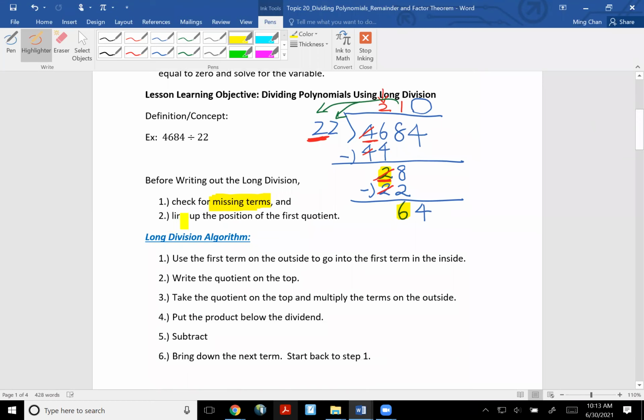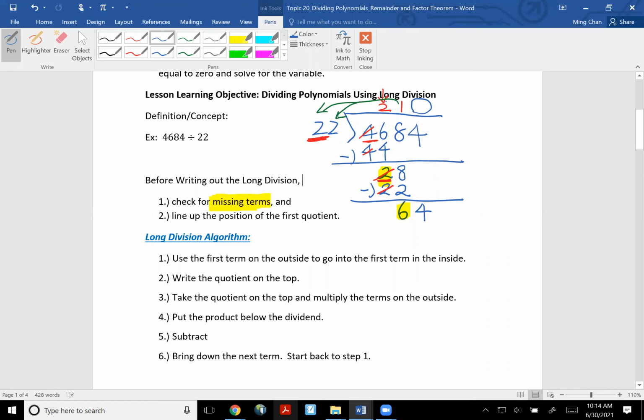Then the second thing you do is line up the position of the first quotient like I did here. All right, so your algorithm, your 6 steps that you do. Once you line them up, use the first term on the outside, go into the first term in the inside. Okay, then you write the quotient on the top, like the 2 here I wrote on top.